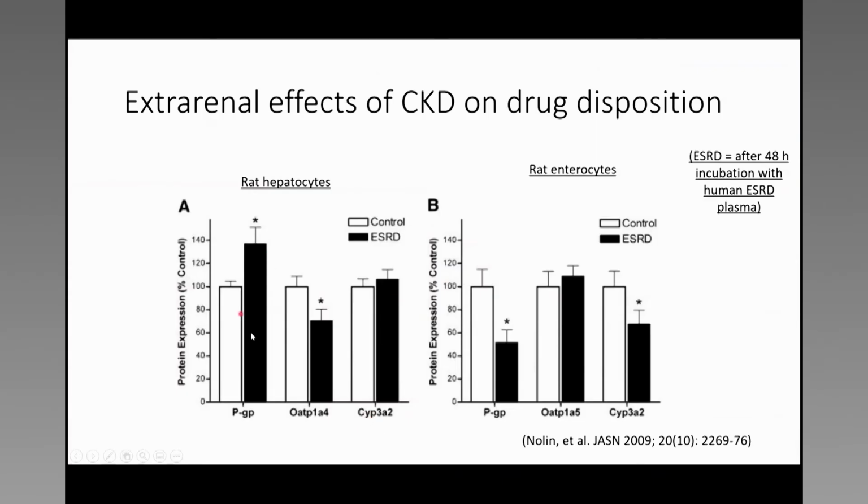And we can see here that there can be an increase in PGP or a decrease in PGP. There can be a decrease in CYP3A2. There can also be a decrease in OATP1A4. So this shows that uremic toxins are having an impact on protein expression as well, and that can be contributing to some of the changes that we're seeing.